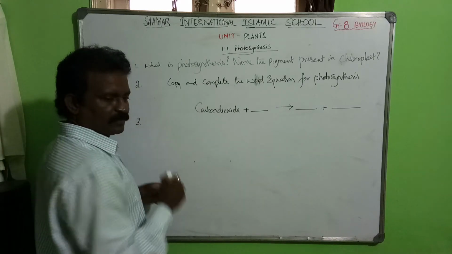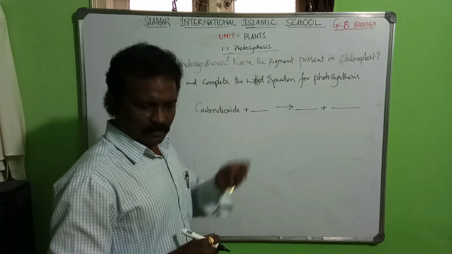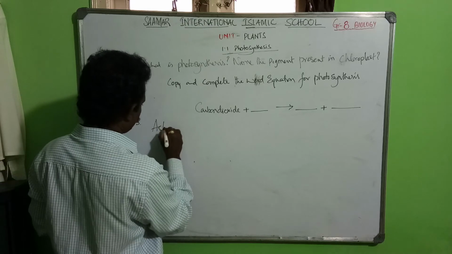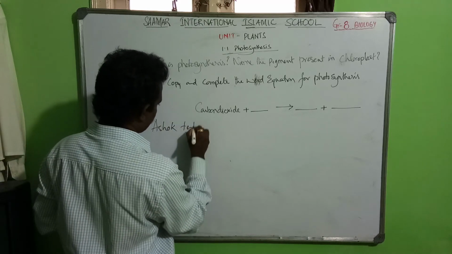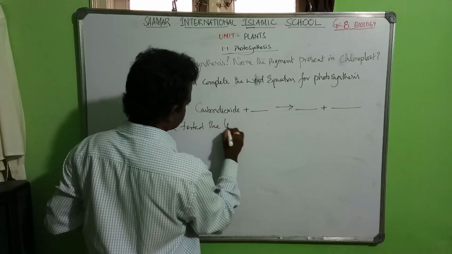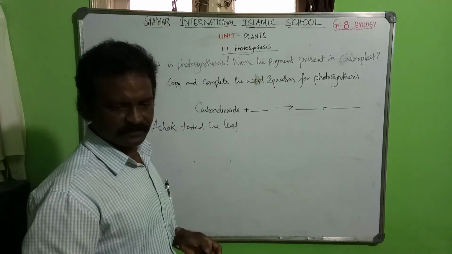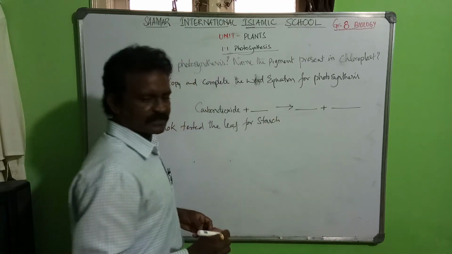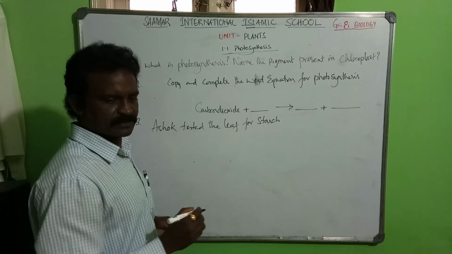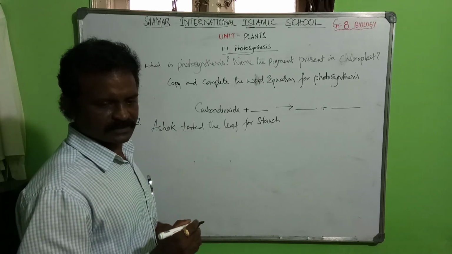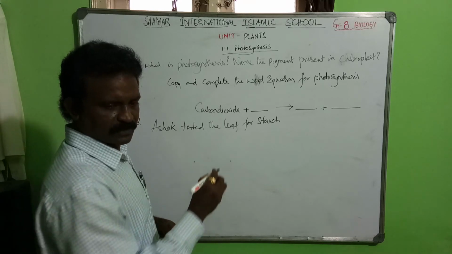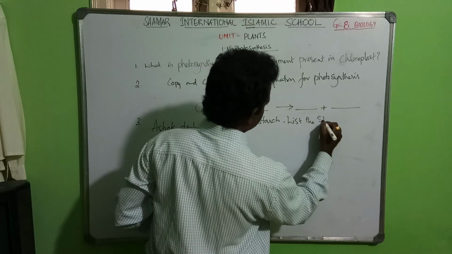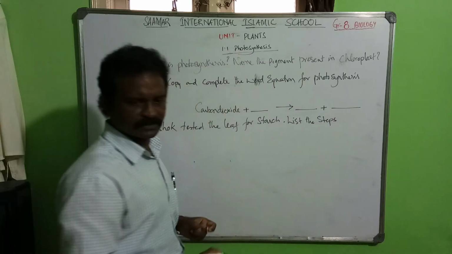Now, third question. Ashok tested a leaf for starch. List the steps shown here.